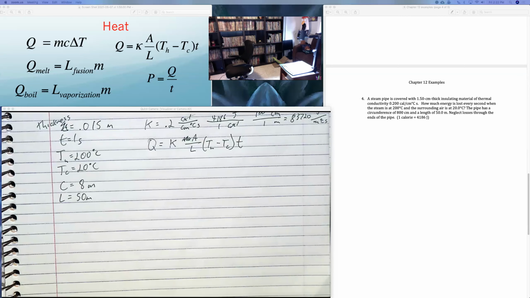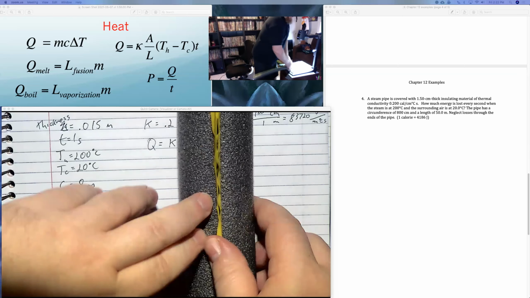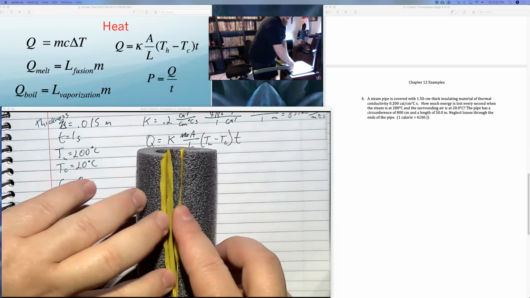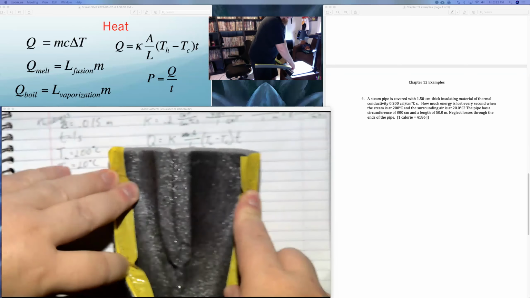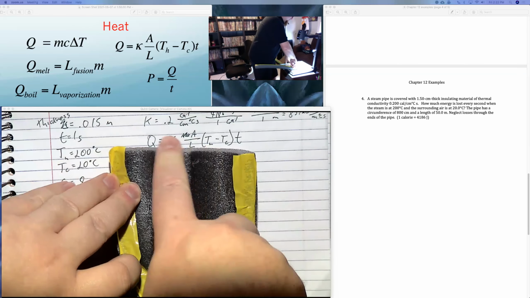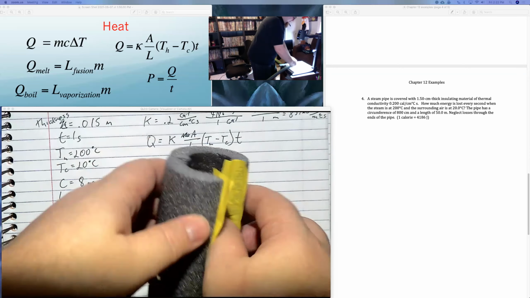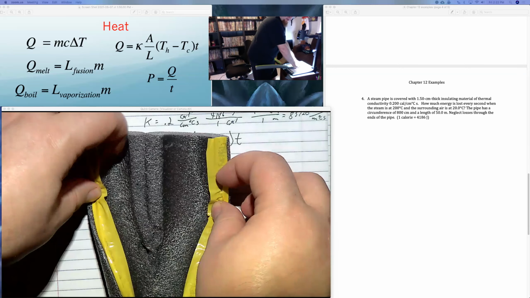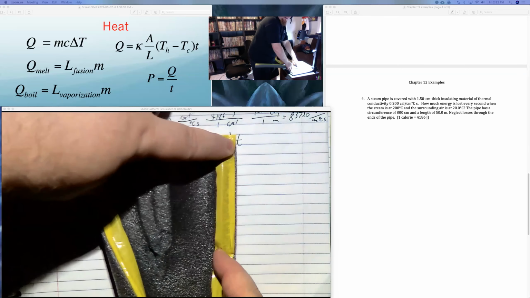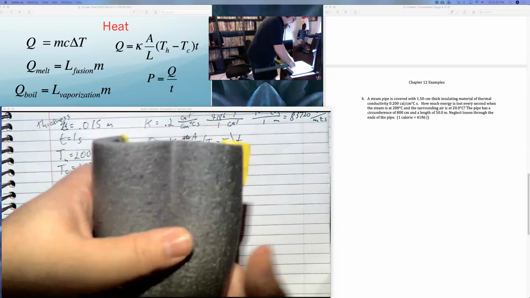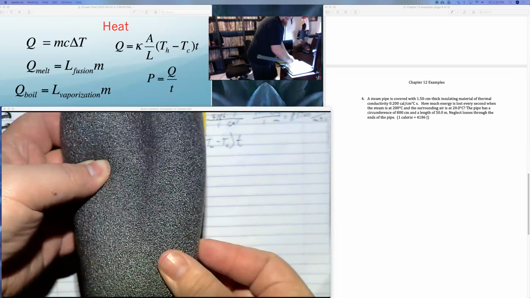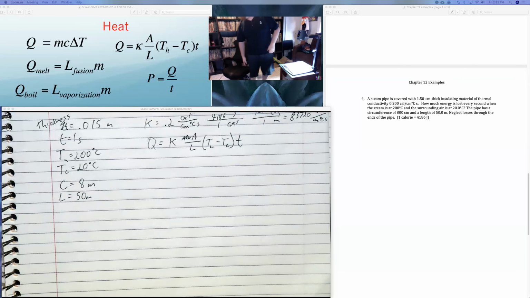Now, if I take a piece of pipe insulation that's going around a pipe, the area that's touching is going to be this square right here. The area that's touching is going to be the circumference, because that's what goes around it, times how long it is, because this is a rectangle. When I flatten this out, I get a rectangle where this height is the circumference and this is the length. And so the area will just be circumference times length.